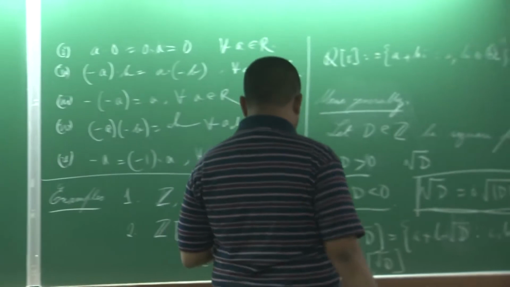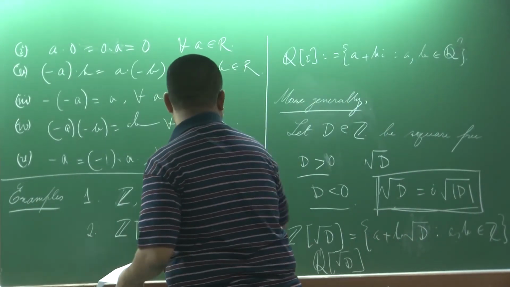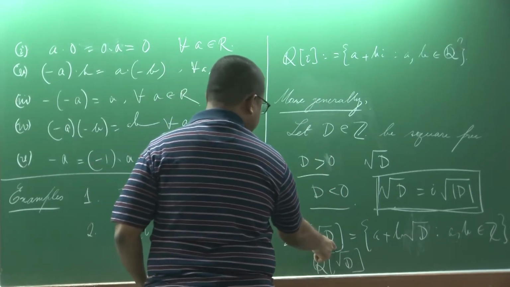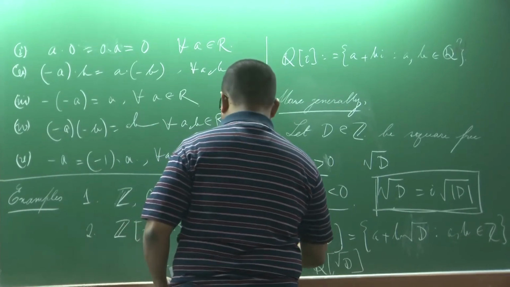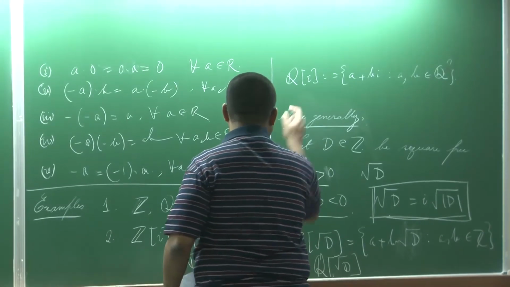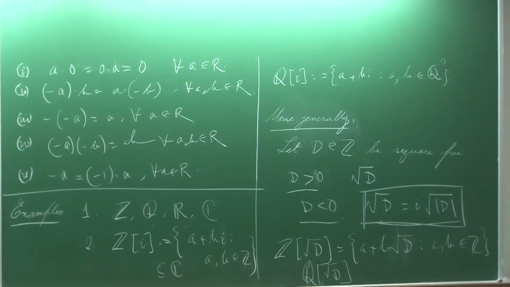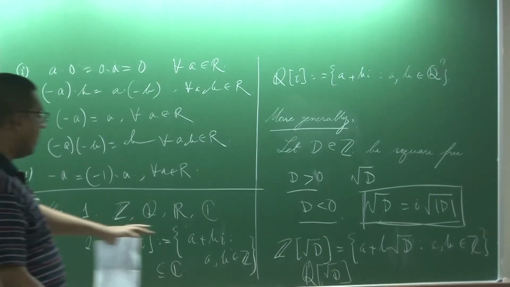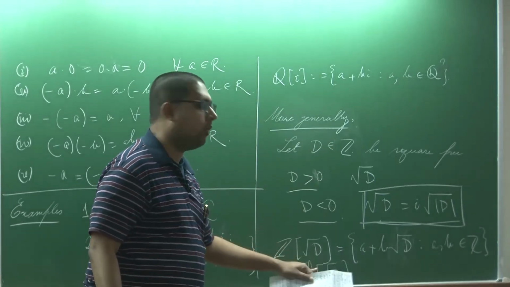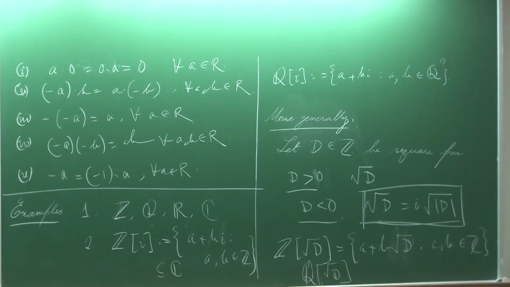So this generalizes Z[i] and Q[i]. If we take D as minus 1, these two become Z[i] and Q[i] respectively. Thus for any square free integer D, we do have rings like this. In fact, we can further generalize this.